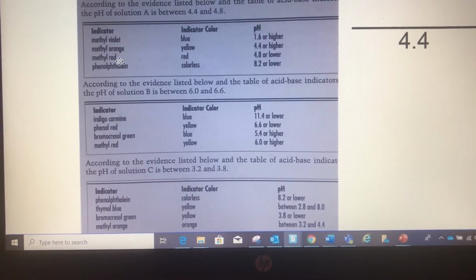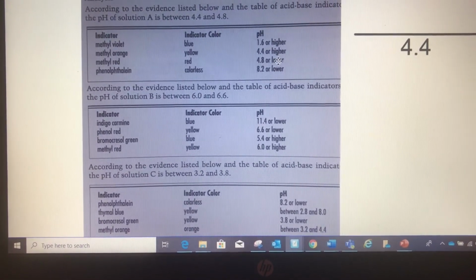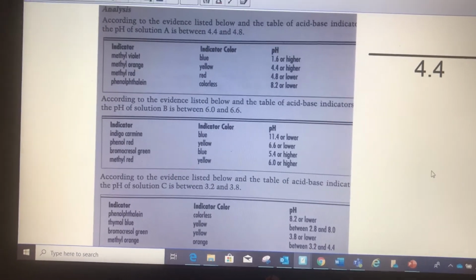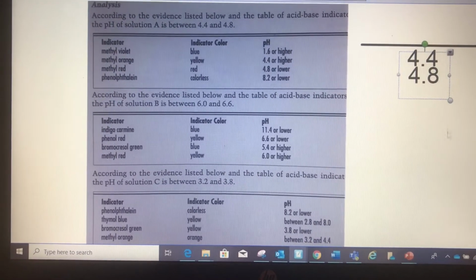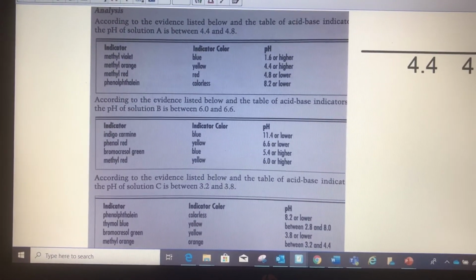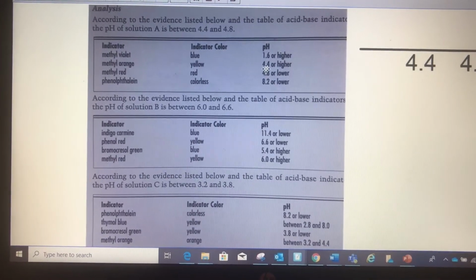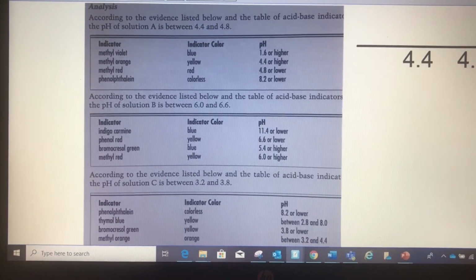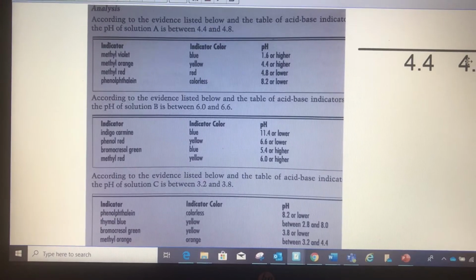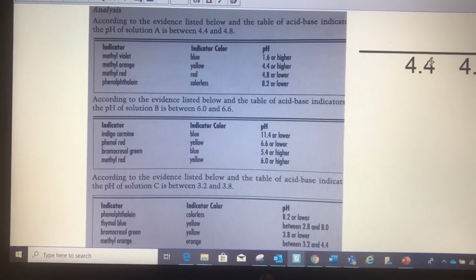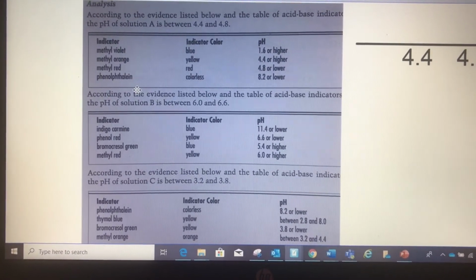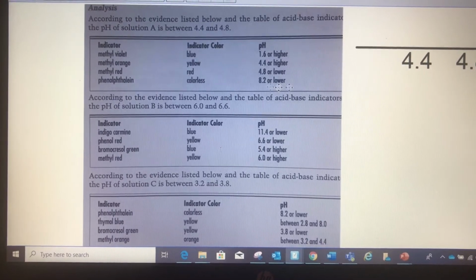Then methyl red says it has to be 4.8 or lower. Well, that's okay. 4.8 or lower still would include that 4.4. So again, 4.4 or higher. And then this says 4.8 or lower, so it's somewhere in that range. And then the last clue says 8.2 or lower.